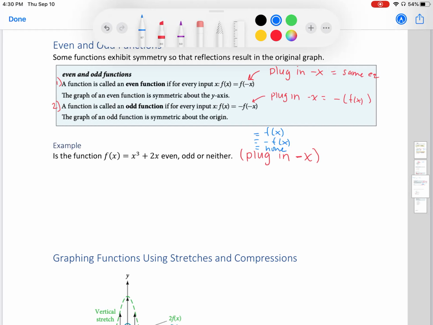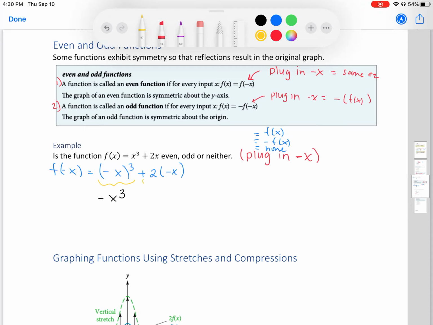Okay, let's go ahead and work this out. Let's plug in a negative x so that I have negative x cubed plus 2 times negative x. To begin, negative x times negative x times negative x gives us negative x cubed.